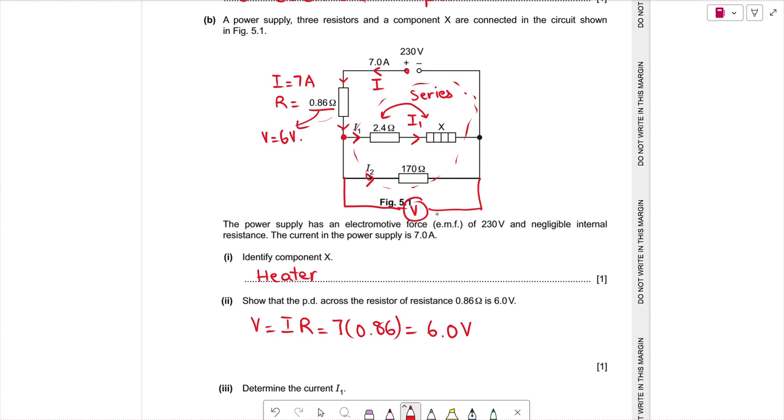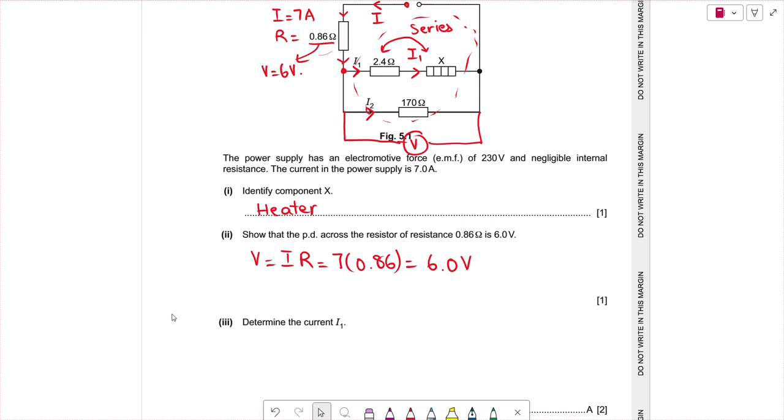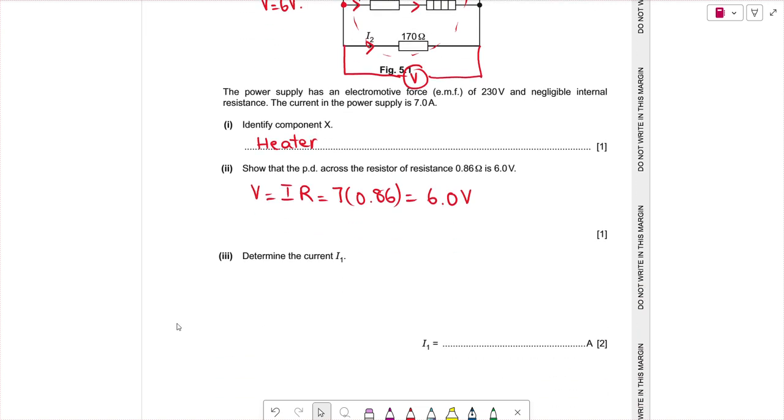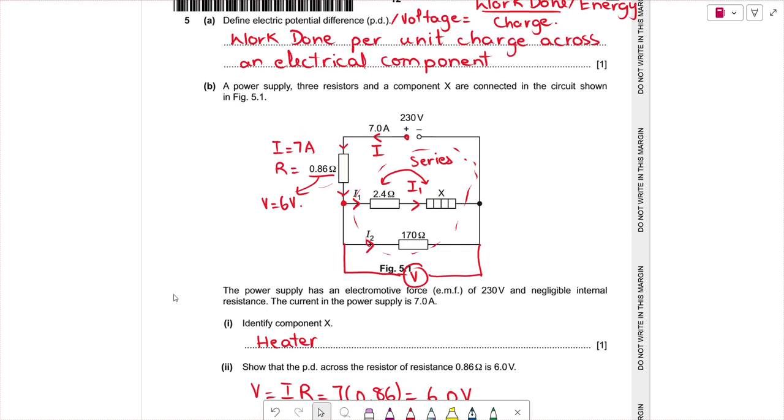So the voltage across them will be 230 minus 6 volt, that is 224 volt. So the voltage across this whole thing is 224 volts.